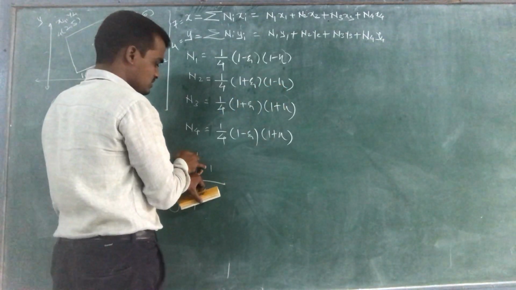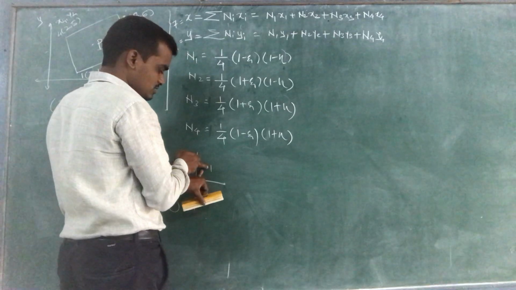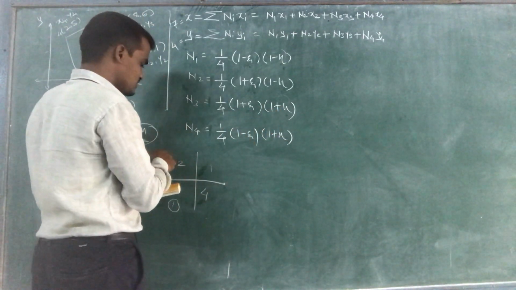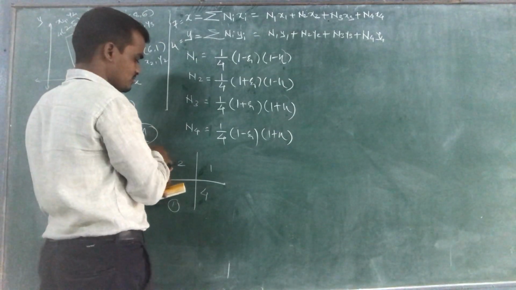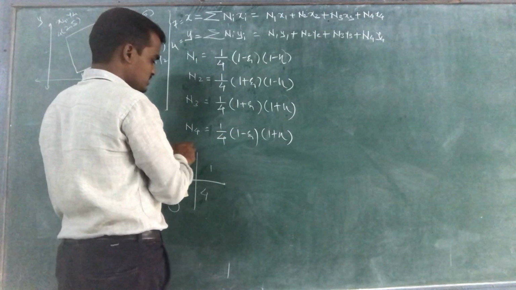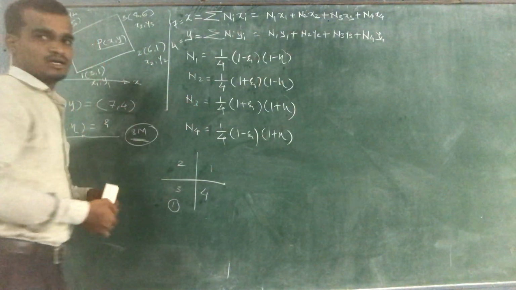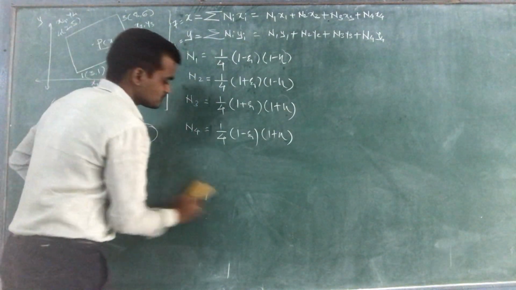Similarly, your third node lies in the first quadrant, where both values are positive. And your fourth node lies in the second quadrant, where zeta is negative but eta is positive. In this way, you can remember the N1, N2, N3 and N4 values.